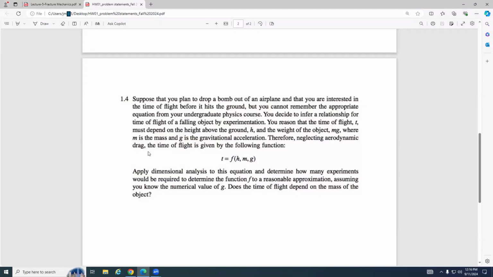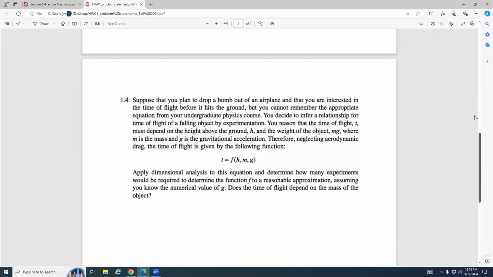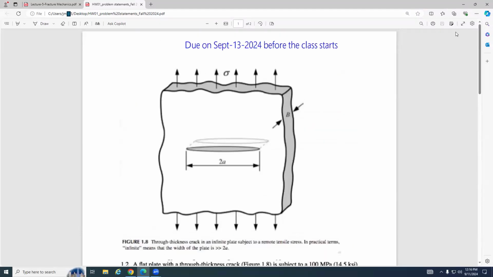So, is this helpful for you guys for finishing your homework? The homework will be due what time? I forgot. Friday, before the class starts. Do you need more time? No, right? Yeah, before the class is okay.